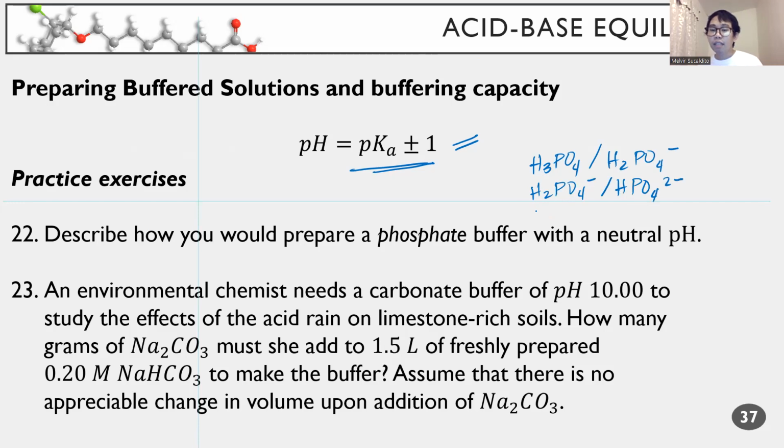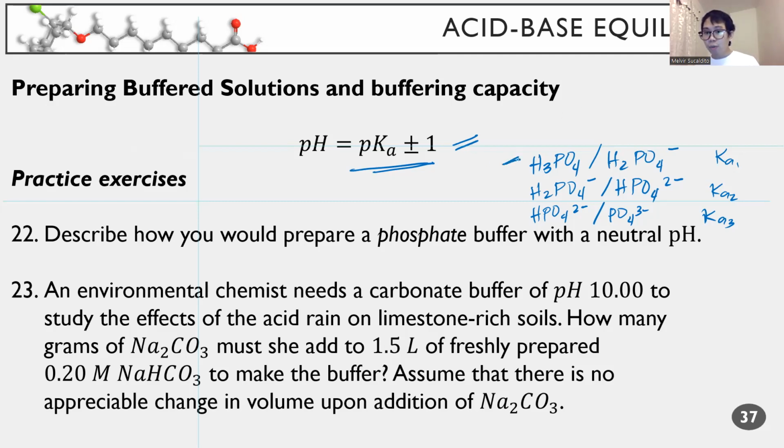Okay? Tapos ito, you can make a third buffer from hydrogen phosphate and phosphate mixture. Okay? Ito, meron tong Ka1, Ka2, Ka3. And therefore, meron silang corresponding pKa1, pKa2, and pKa3. Okay?